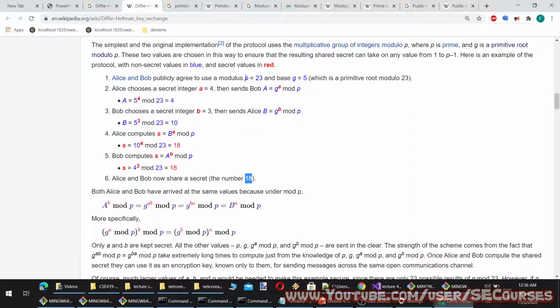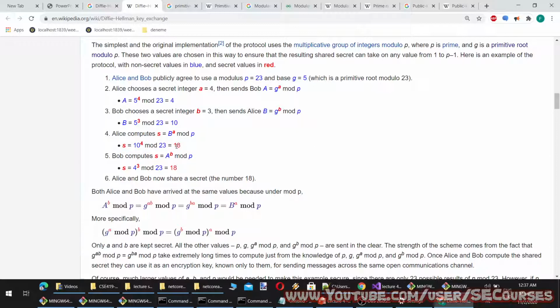They exchanged modulus p and base g over a public channel. Then they picked some secret integer and sent these values between them. Alice sent 4 to Bob, and Bob sent 10 to Alice, and based on those received numbers, they calculated their secret key.